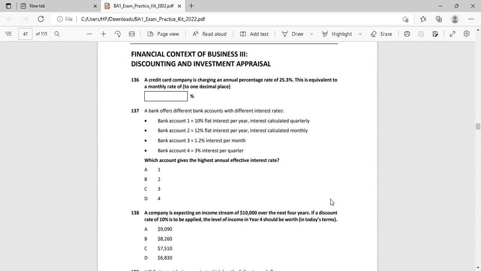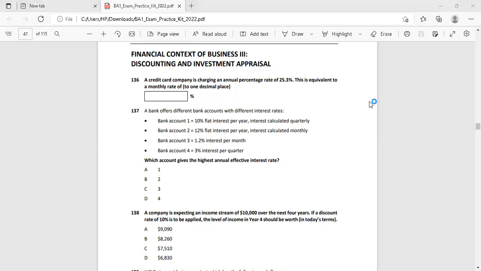We see 136: a credit card company is charging an annual percentage rate of 25.3%. This is equivalent to a monthly rate of what? So we are asked to calculate the monthly rate. It's a simple concept. How do we calculate the monthly rate?